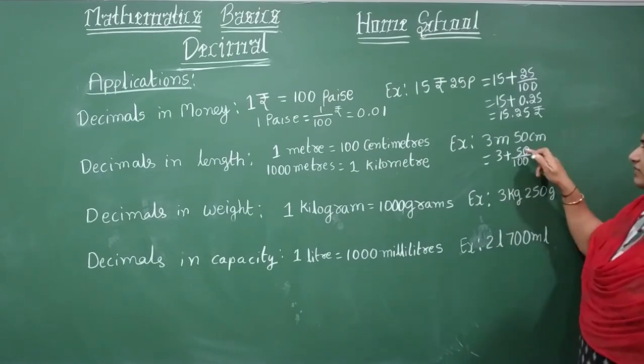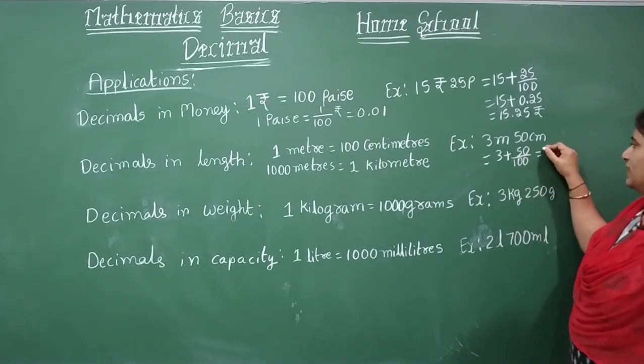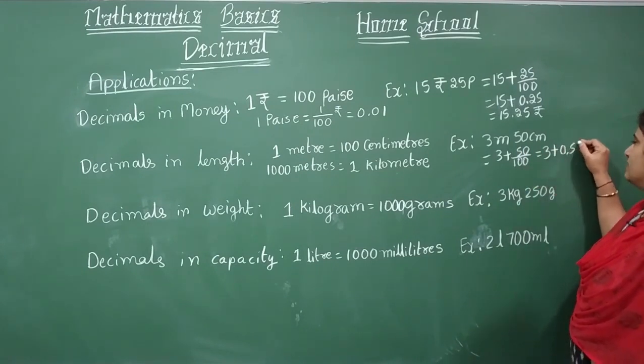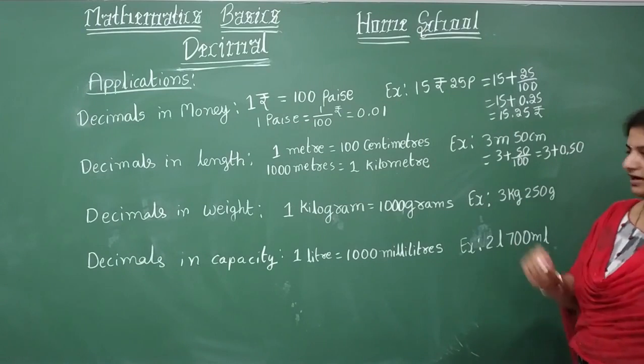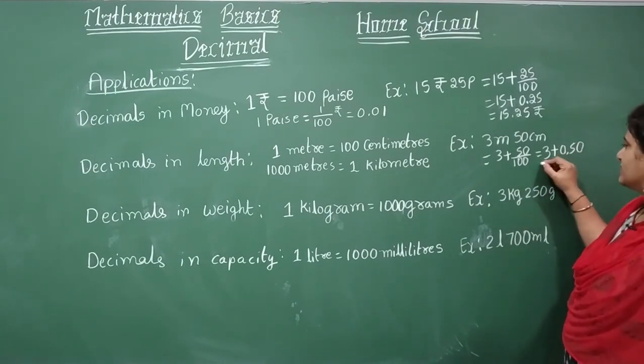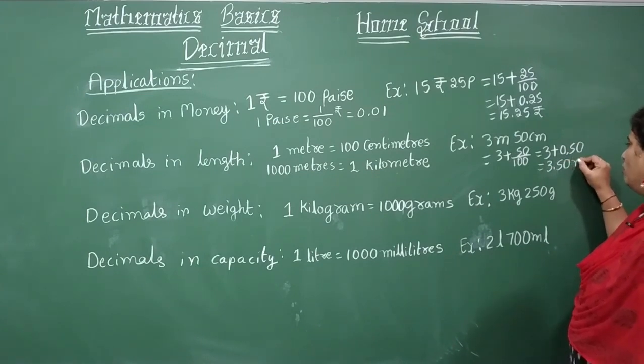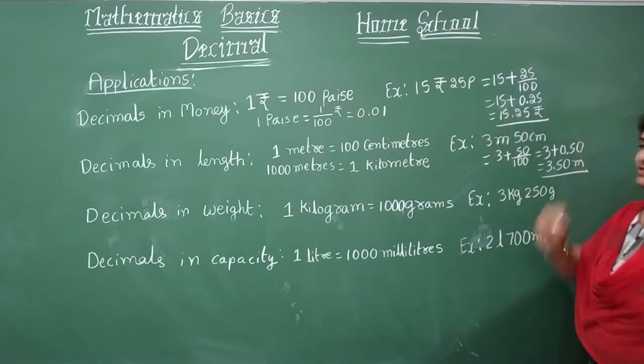Now convert this fraction into decimal, children. After 2 zeros, you need to put a point from the right side. So 3 plus 0.50 will be 3.50 meters. That is your answer.